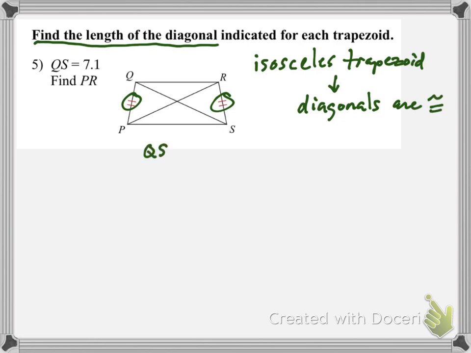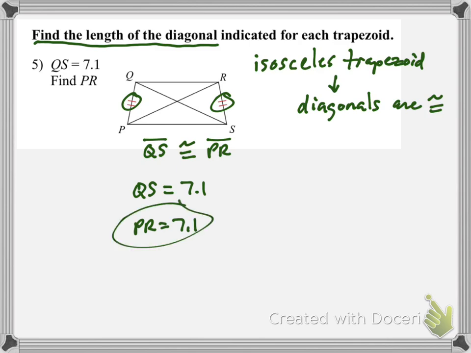So, QS is congruent to PR. Okay? Well, QS is 7.1. Well, if QS and PR are congruent, that means they have the same length. So PR is 7.1.